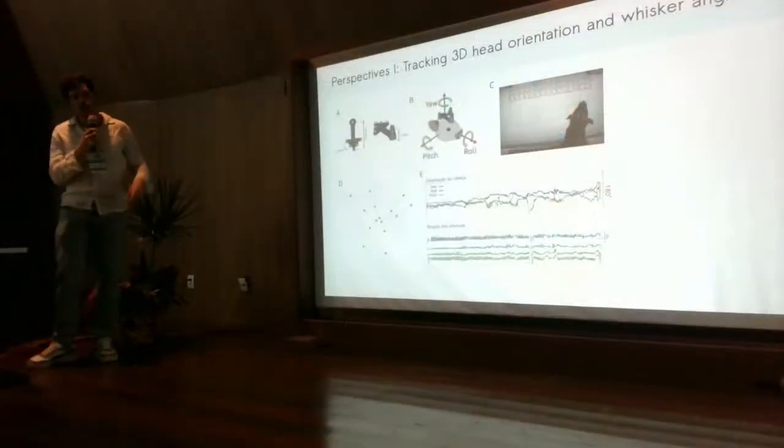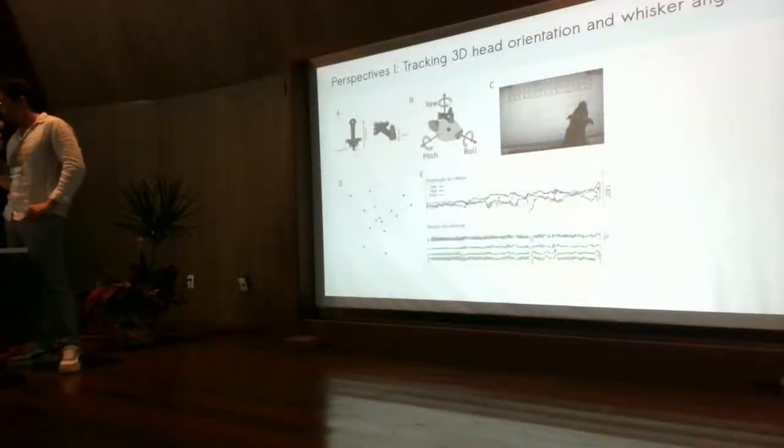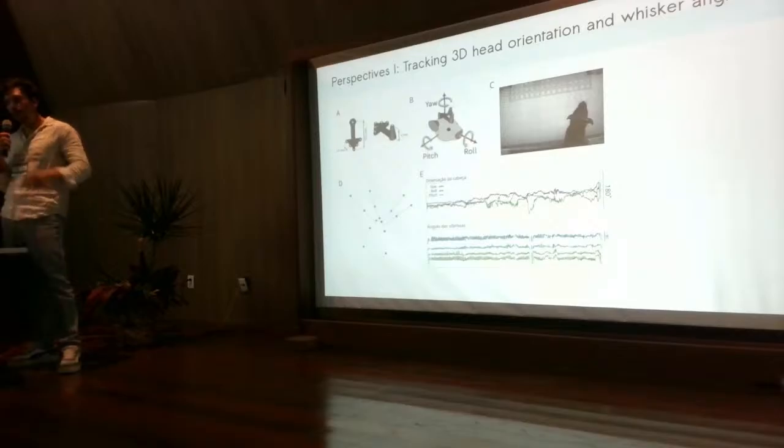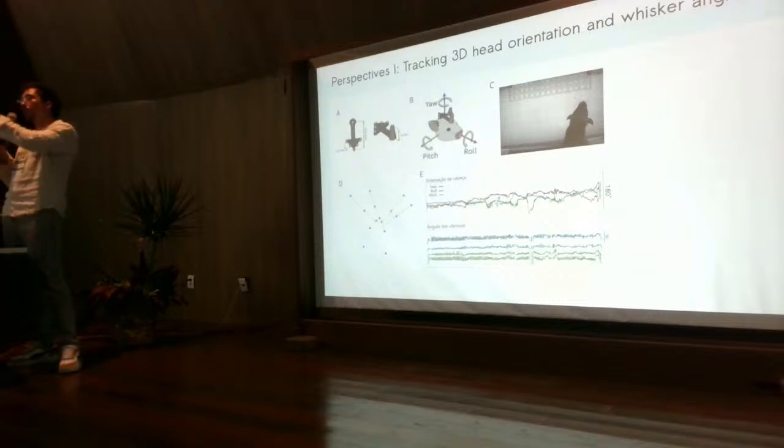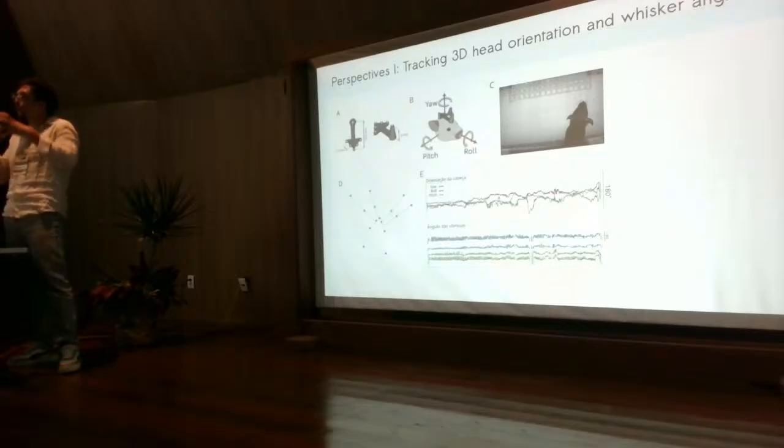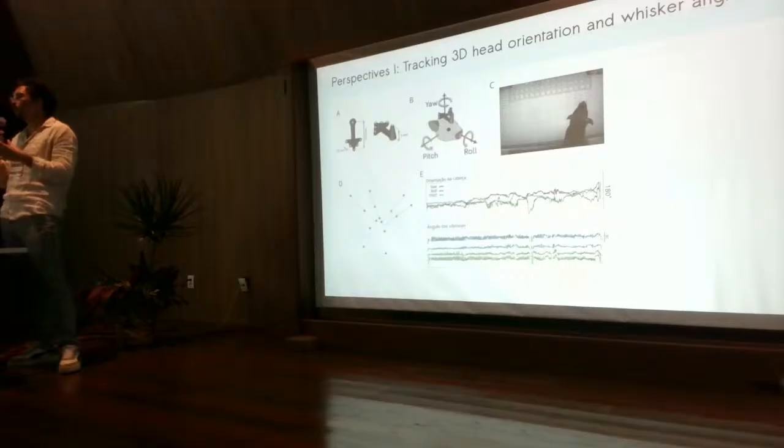Well, what I understood from the literature is that if you don't have the necessity of the spatial localization of the stimulus, the barrel cortex doesn't have a crucial computational contribution to the system.